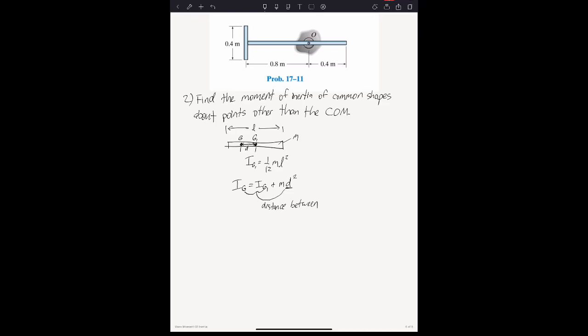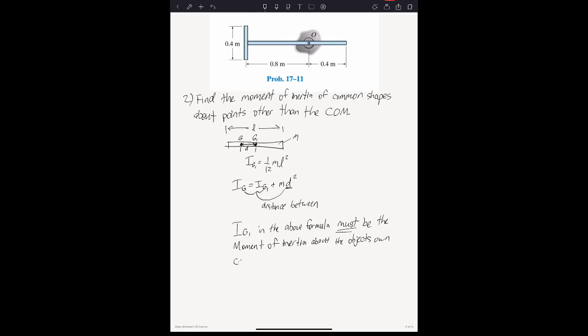Super important. There's a couple things that are really important. For this formula, I G1 in the above formula must be the moment of inertia about the object's own center of mass.